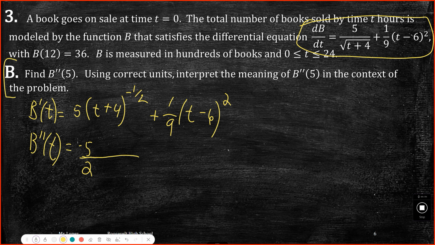And then you're going to subtract, 2 over 2, which makes it negative 3/2, which is going to go back to the bottom. And this is going to be 2/9 times t minus 6, and the derivative of the inside is just 1.